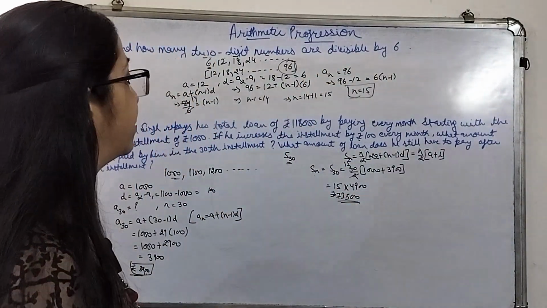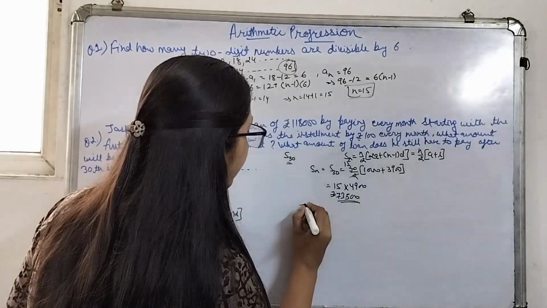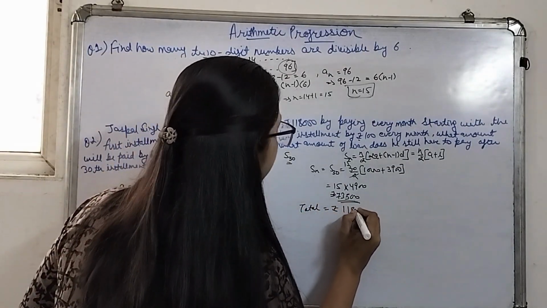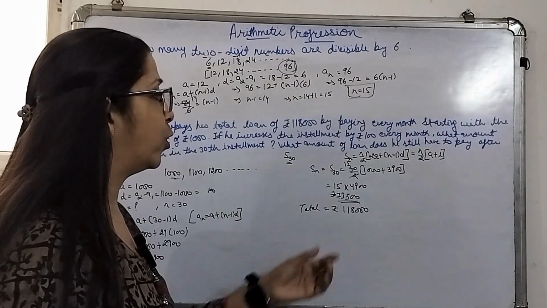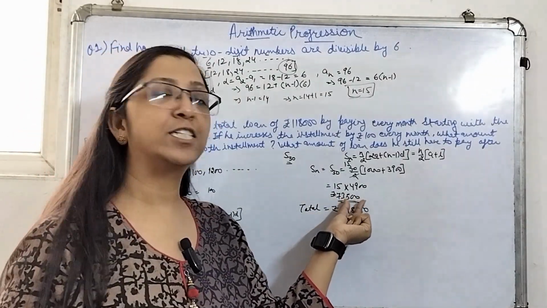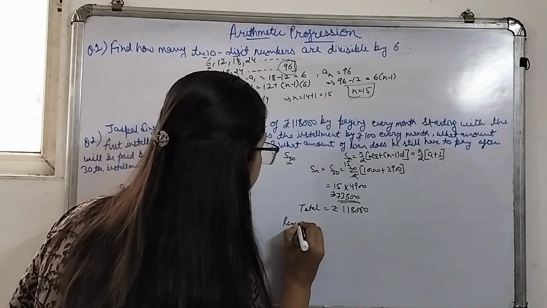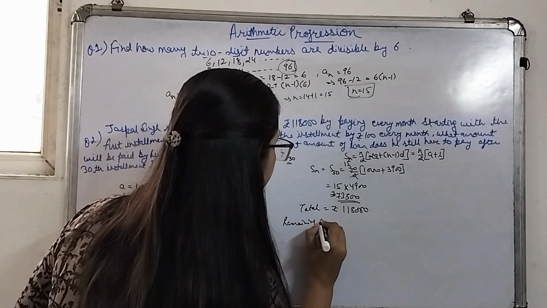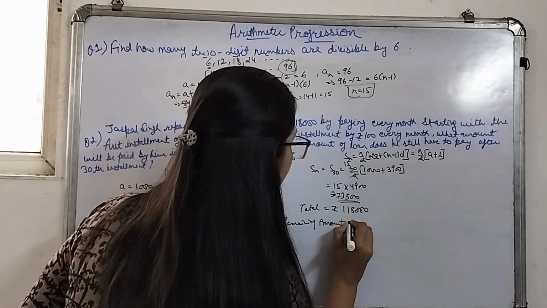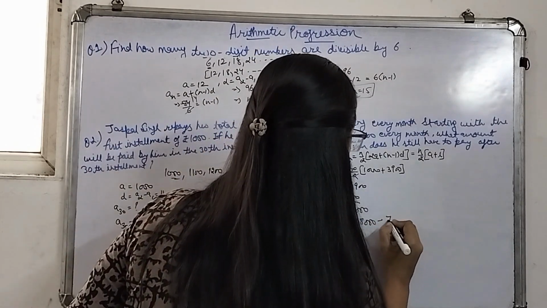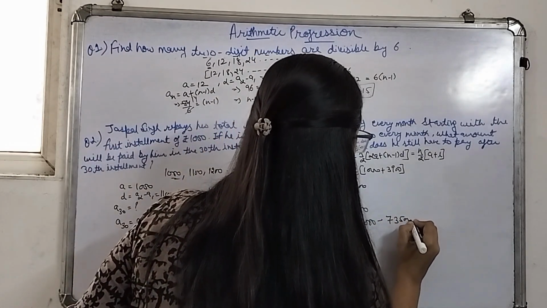Now, how much is remaining? The total to be paid was rupees 1,18,000, and till 30 installments he has already paid this much. So the remaining amount will be 1,18,000 minus 73,500.